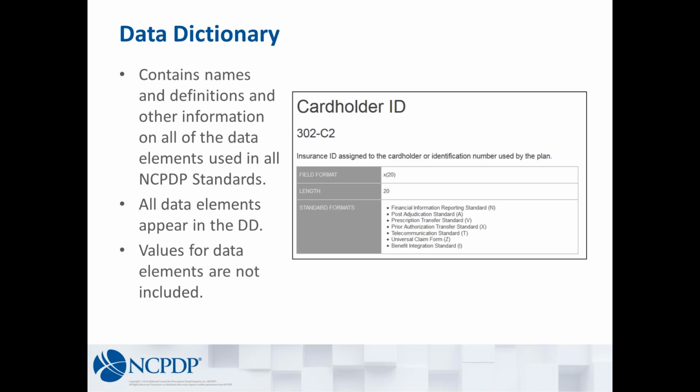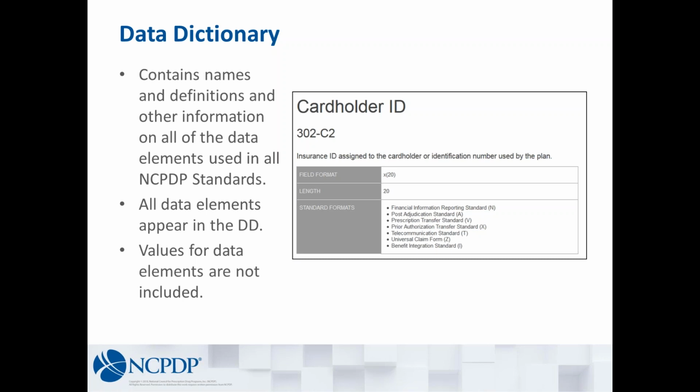So the data dictionary contains all the names and definitions for all of the data elements that are used in our standards. Now, we do not include values for the data elements, as those are in the separate ECL publication.